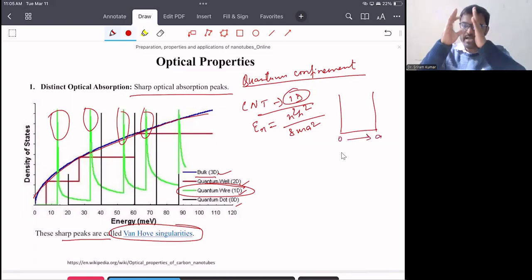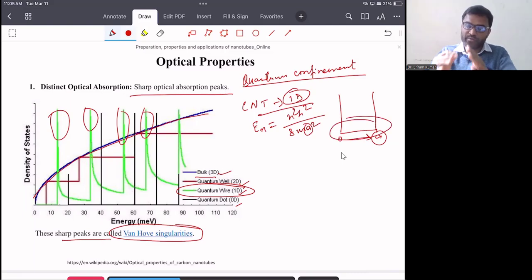So this is the confinement distance of the electron, maybe a kind of well. Based on this, the energy level depends on the distance a.